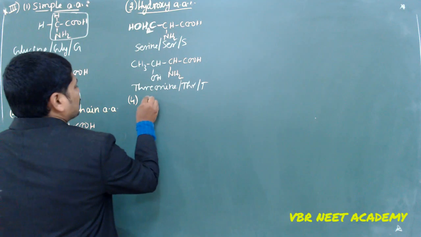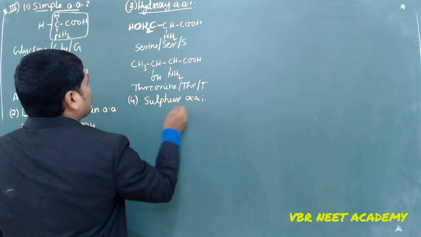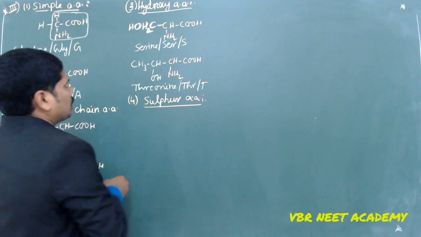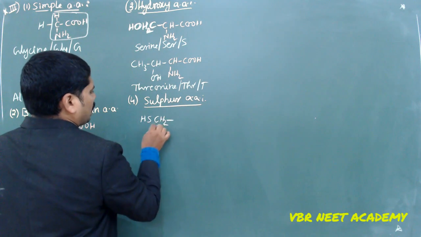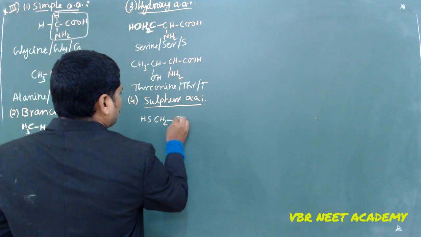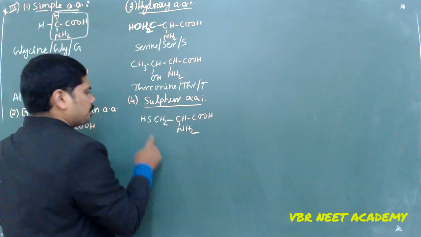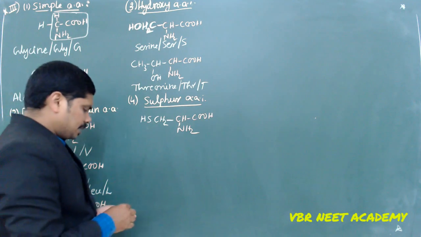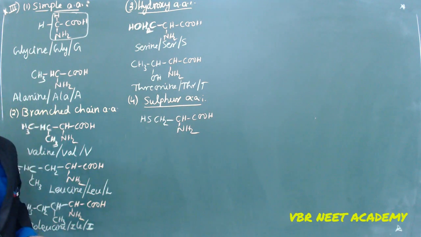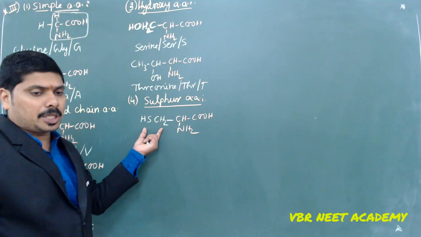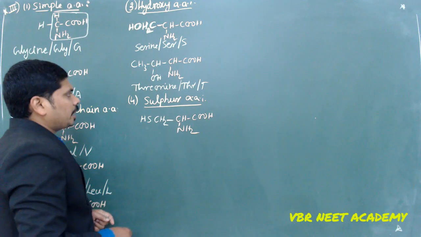And next one, sulfur containing amino acids. We have CH2SH, a thioalcohol, also called methyl mercapto. Many times they ask, based on what functional group is present in the R of an amino acid, that it comes under methyl mercaptan, or we call it thioalcohol, methyl thiol.